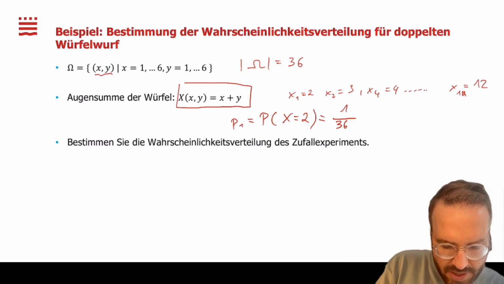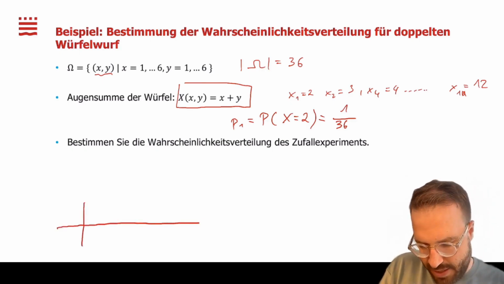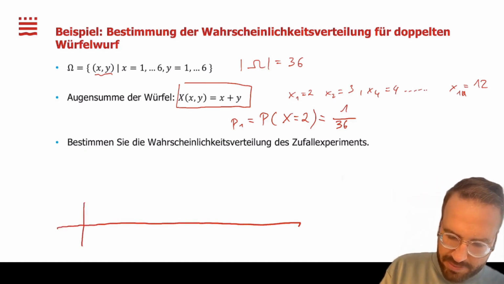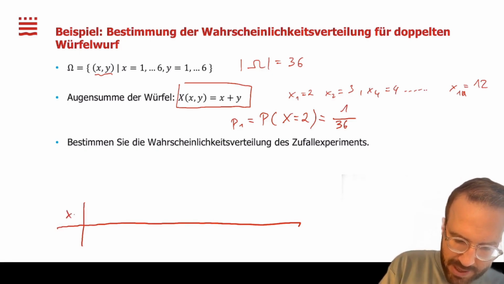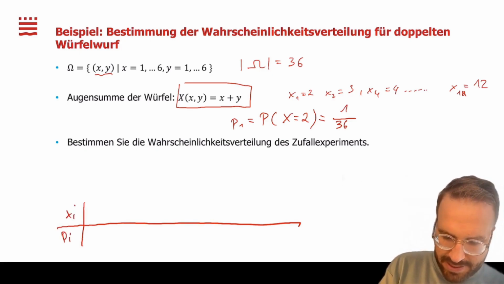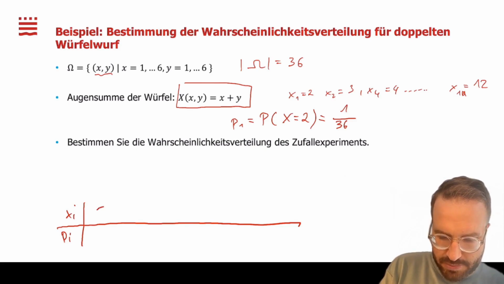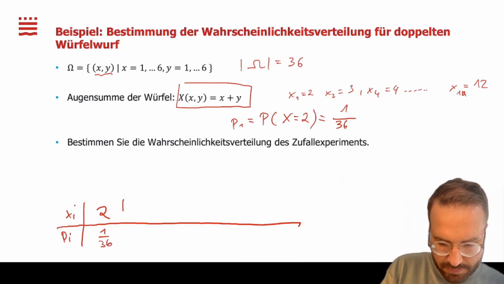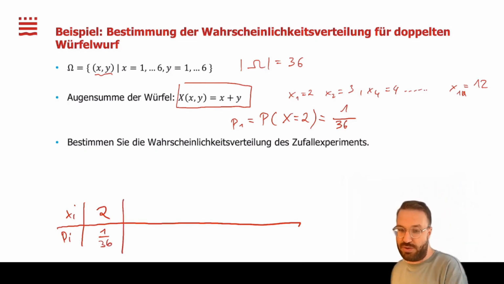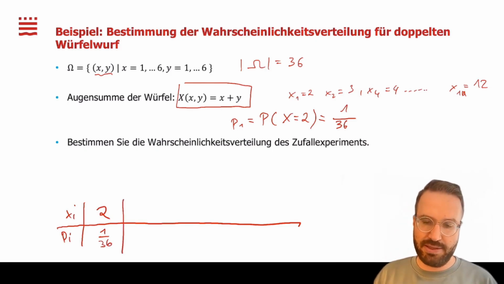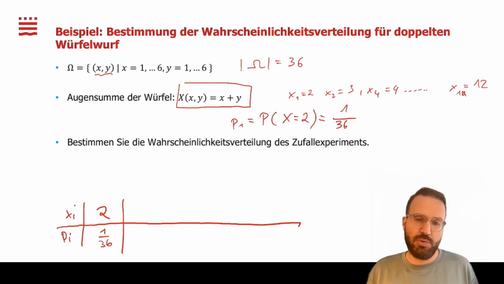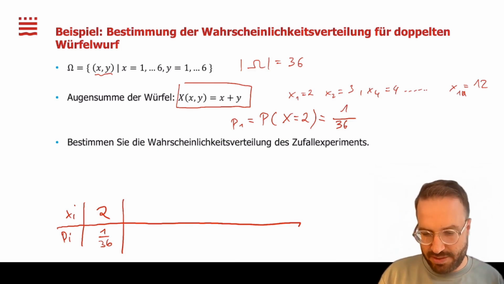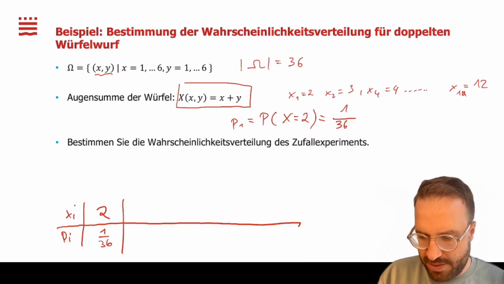And now we can create a table where on one side we have the xi's and on the other side the pi's. If xi equals 2, then we have 1/36. When we fill out this table, we have determined the distribution of this random variable.